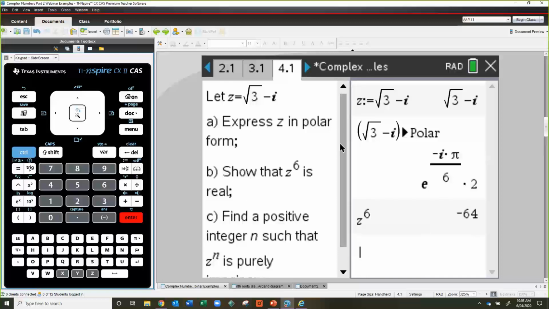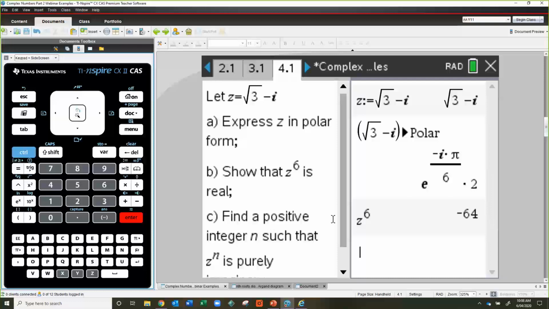If it is an exam question, to show that you will need to take this number, raise it to the power 6, 2 to the 6, multiply the argument times 6, which will result in 2^6 cis minus pi, and 2^6 cis minus pi is minus 64. That will be enough to show that question.